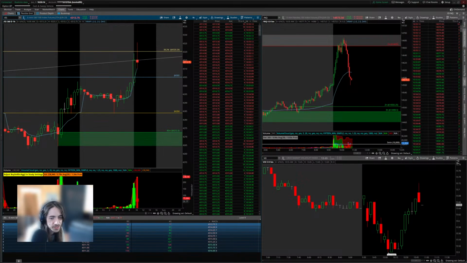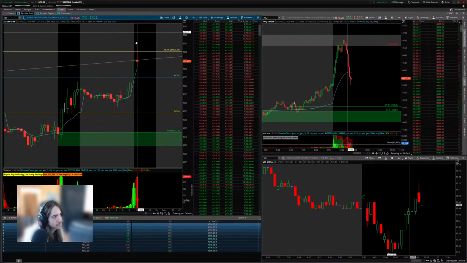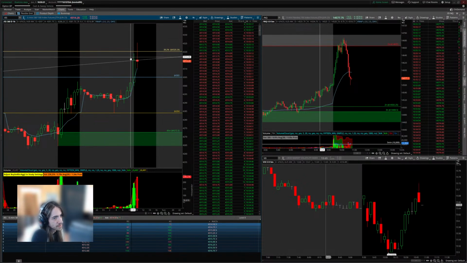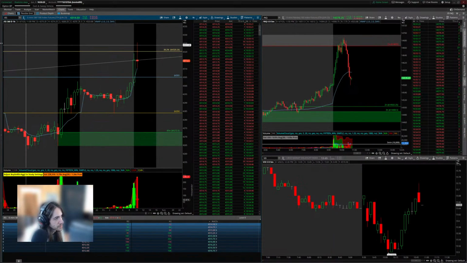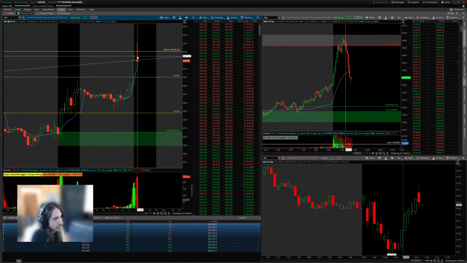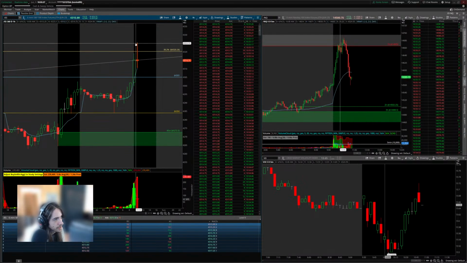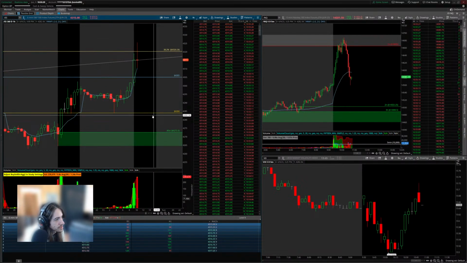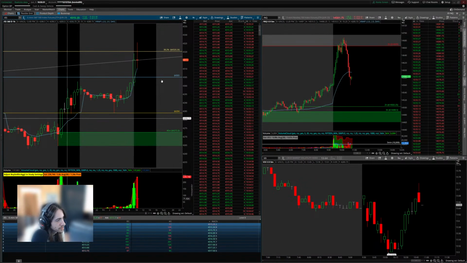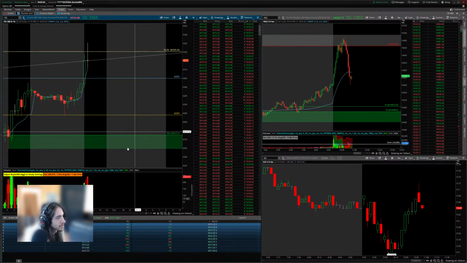Here we go, 5-minute basing right here on NASDAQ. Alright, we'll stick around till 11 just to see how this hourly closes, see if we get some type of setup for us, because if we enter a short here and put our stop here, we'd be able to target key levels, new supplies, new demands.